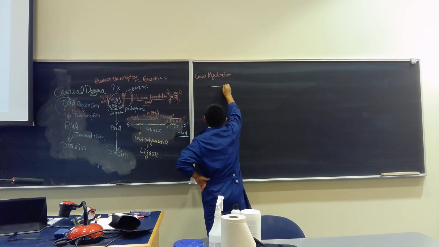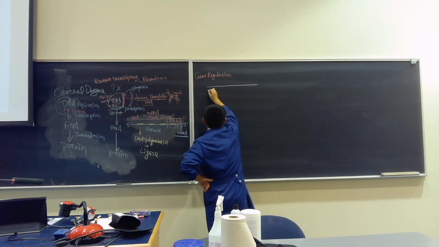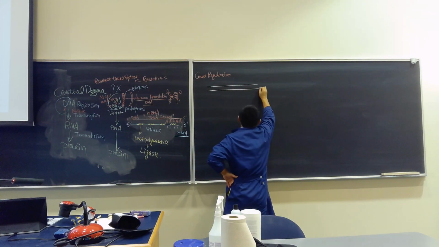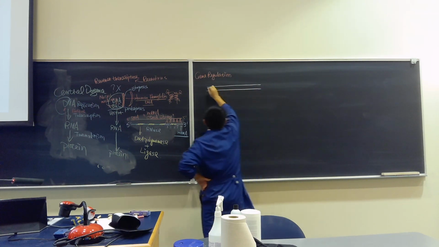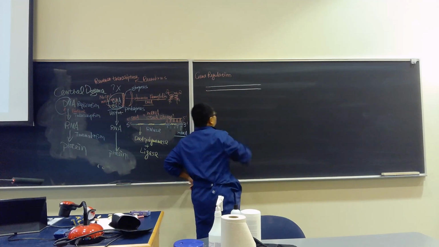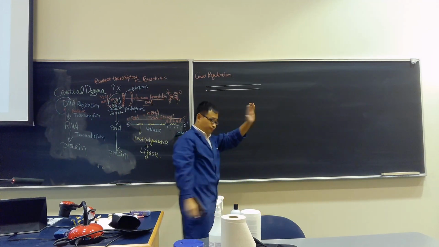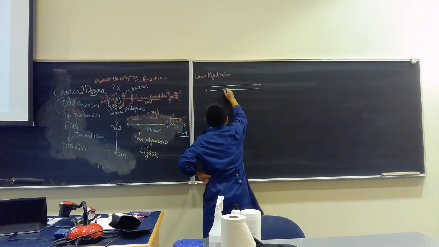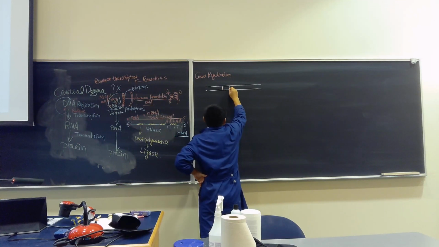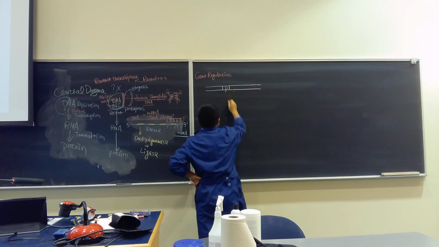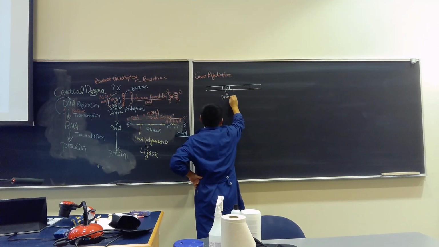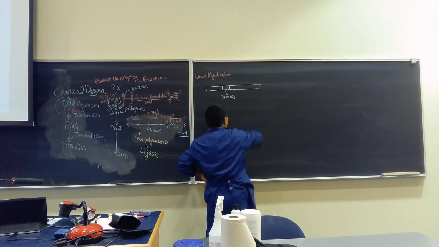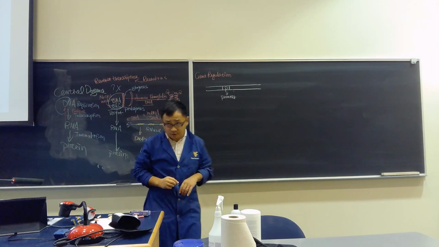So ideally, we think the DNA sequence is linear. And there is a place we call P, which means promoter. Now, for the promoter, you need to know there is always a conserved sequence.